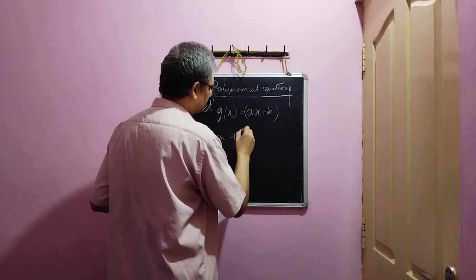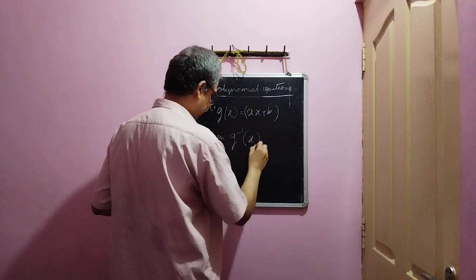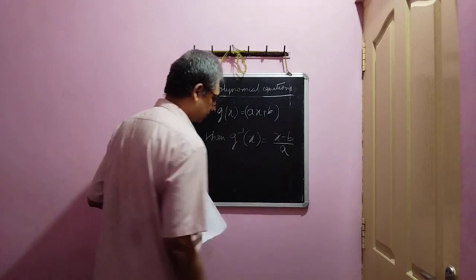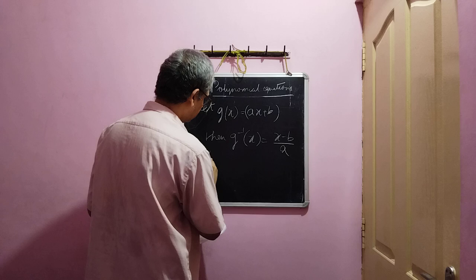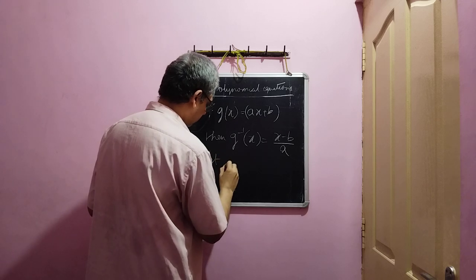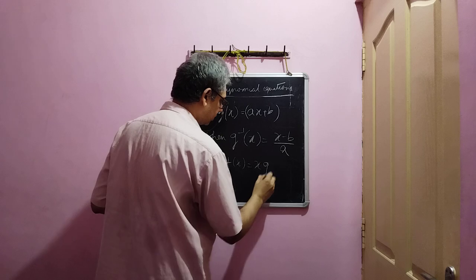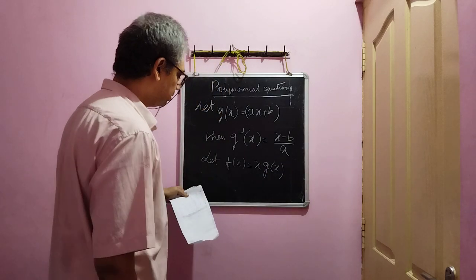Then let g of x be ax plus b. Then g inverse of x will be equal to x minus b by a. Let f of x equal to x times g of x.